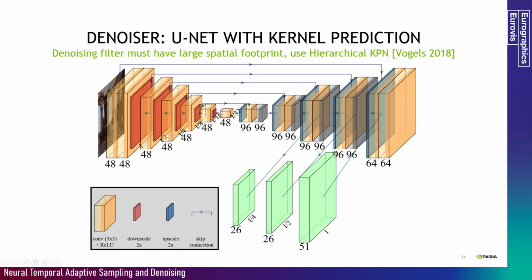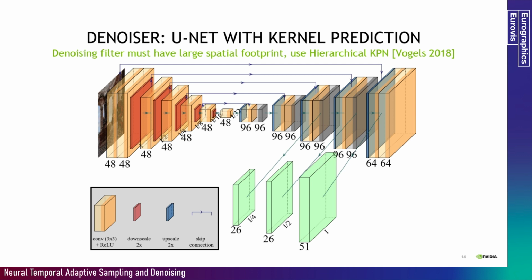Our network uses kernel prediction, which means that instead of directly predicting the denoised color, it predicts a filter that is applied to the noisy input samples to produce the denoised image. Kernel prediction has been shown to improve image quality, but the problem is that we need very large filters for denoising.